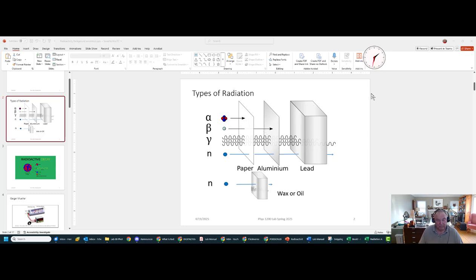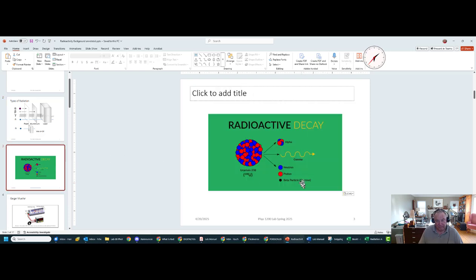So a beta particle is an electron, and they were noticed before we knew what they were. We knew what electrons were, and it turns out that a neutron can decay into a proton and a beta.